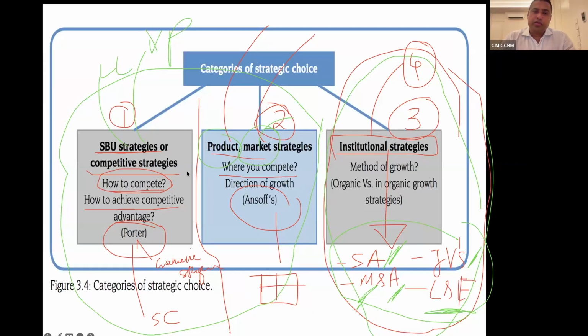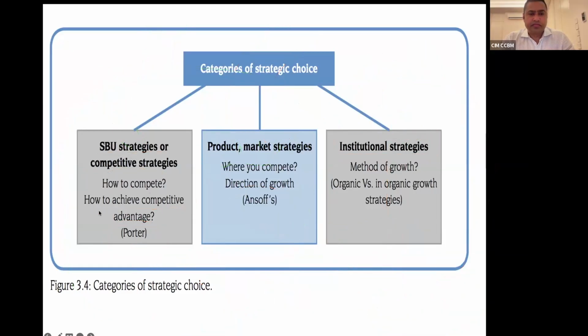But I must tell you, consultants look at, most of their energy is spent on the third type, institutional strategies. So usually, the first two types usually will give you what we call organic growth.